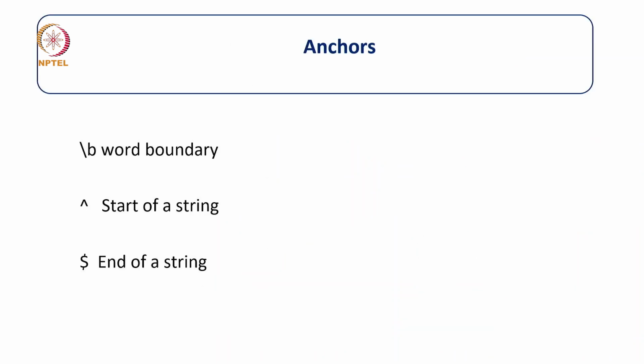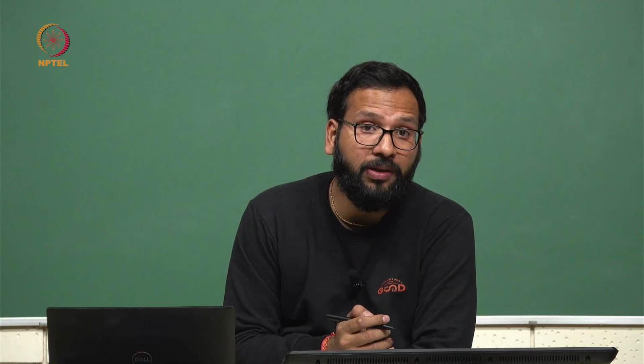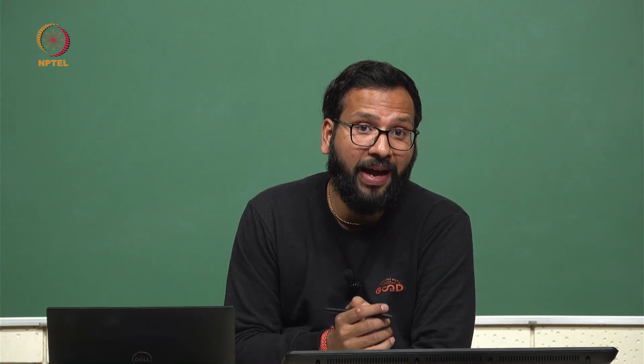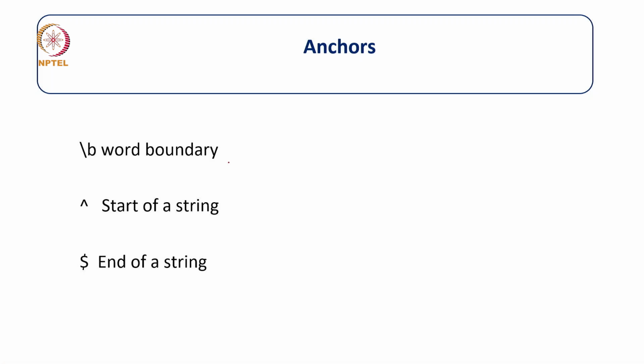In regex we have something called anchors. This \b is one anchor which defines the word boundary. We also have the caret symbol, which represents the start of a string, and then the dollar, which represents the end of a string.